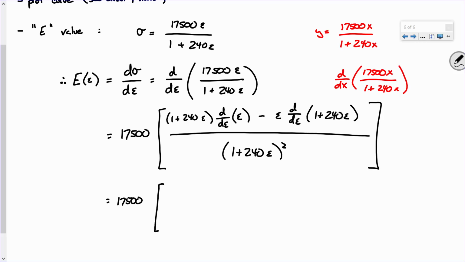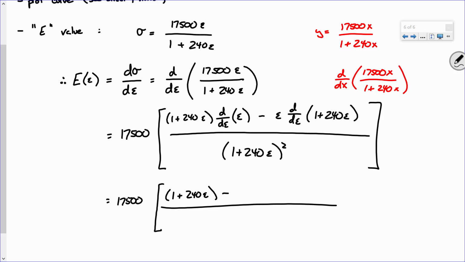All right. Let's do a little bit with this. Okay. So what's this first derivative? What's the derivative of epsilon? 1. So all I've got up here is 1 plus 240 times epsilon, minus. Okay? Now, think. We got epsilon times the derivative of what's going on inside this parenthesis. What's the derivative of 1? 0. What's the derivative of this? 240.